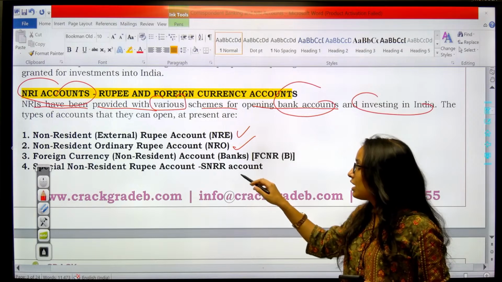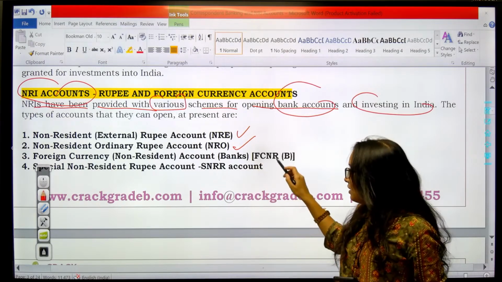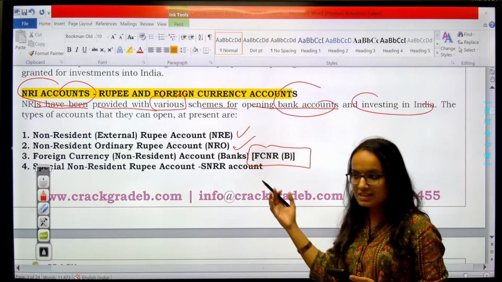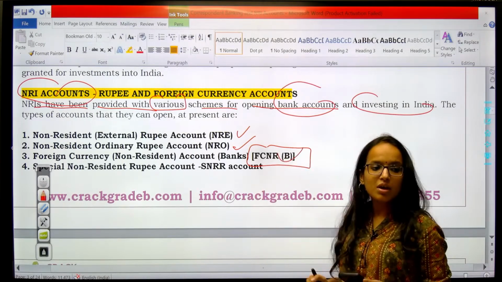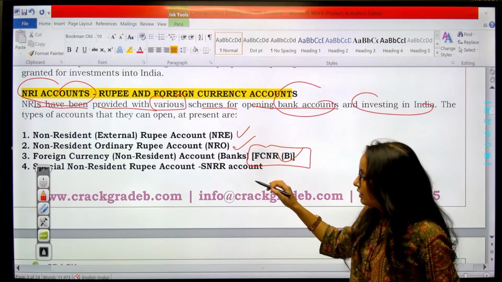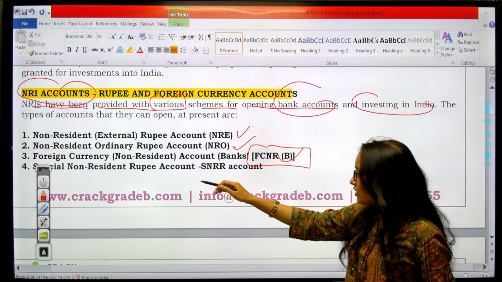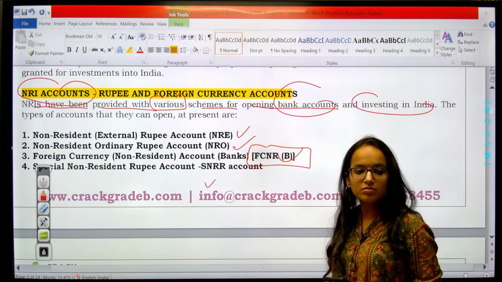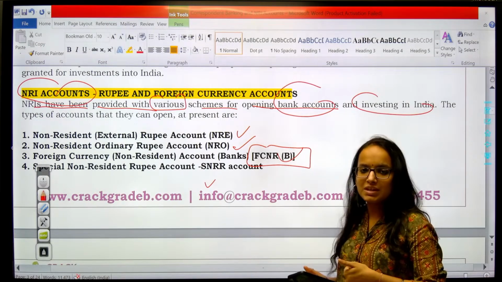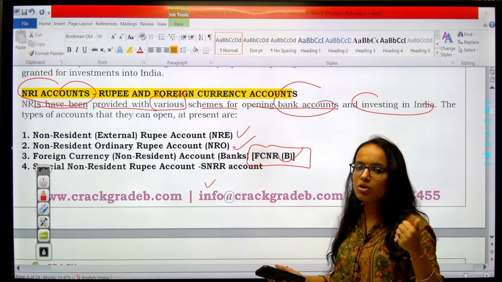Then you have FCNRB, which is your foreign currency non-resident bank account. As the name suggests, it will be in your foreign currency. Getting this point? Then there is the special non-resident rupee account, SNRR account, which will again be in your Indian rupee. So 3 out of these are in Indian rupee and 1 is in your foreign currency.